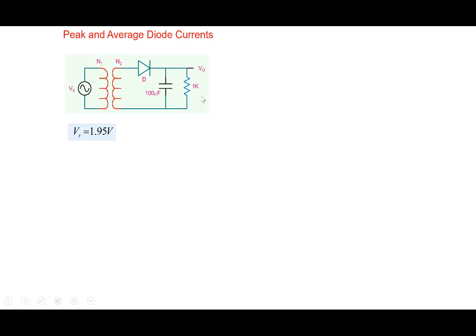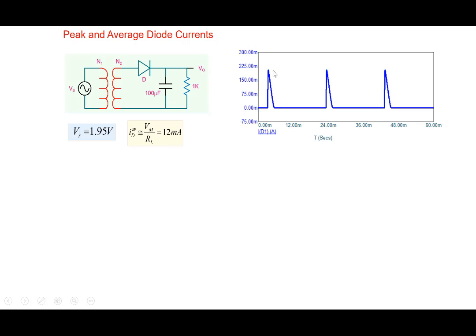So let's see an example. We have this 100 microfarad and 1K. Ripple is about 1.95. Average diode current is nothing but average load current, Vm by RL. And we can see the diode waveform here.